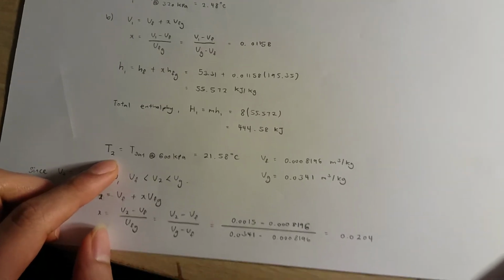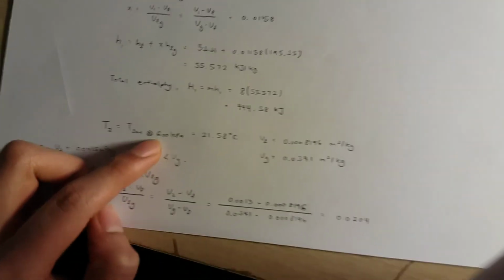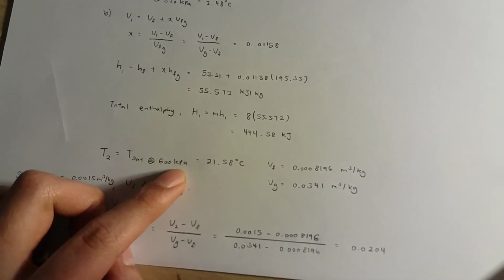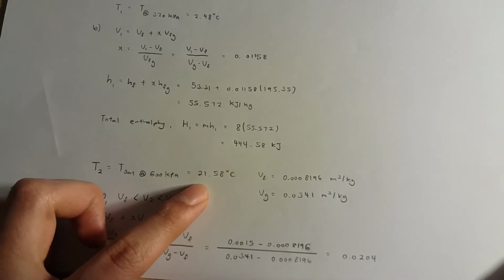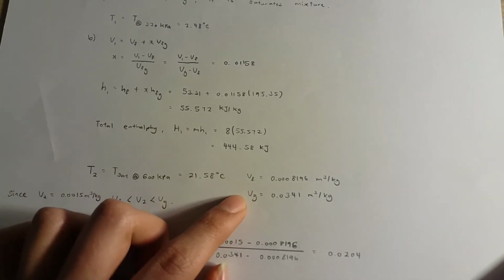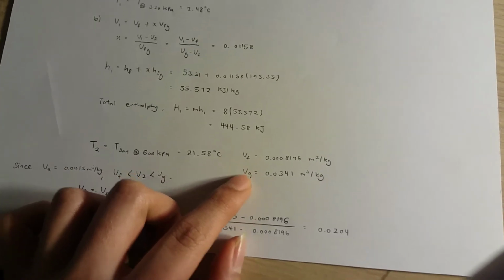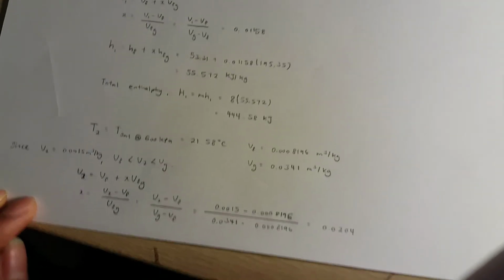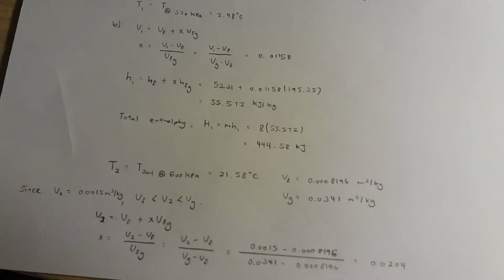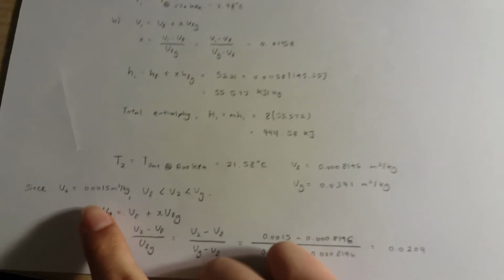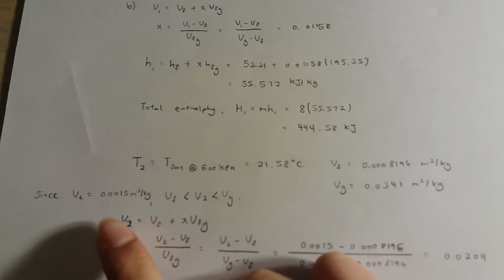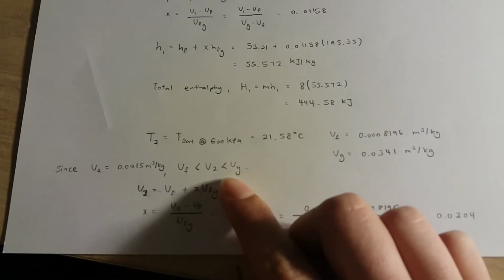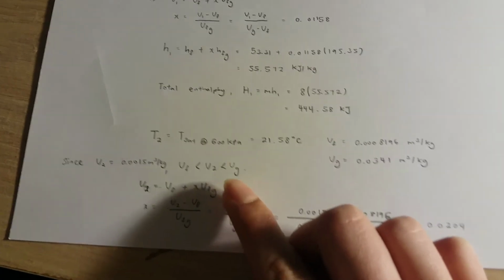Since the final pressure for this problem is 600 kPa, based on the tables we found that the temperature is 21.58 degrees Celsius. After that, based on the property tables, we can find vf and vg. Since v2 is 0.0015 because of the rigid tank, where everything is constant, it is recognized as a saturated mixture again.